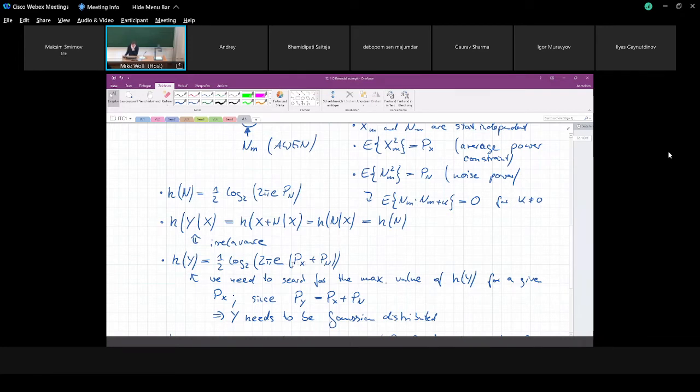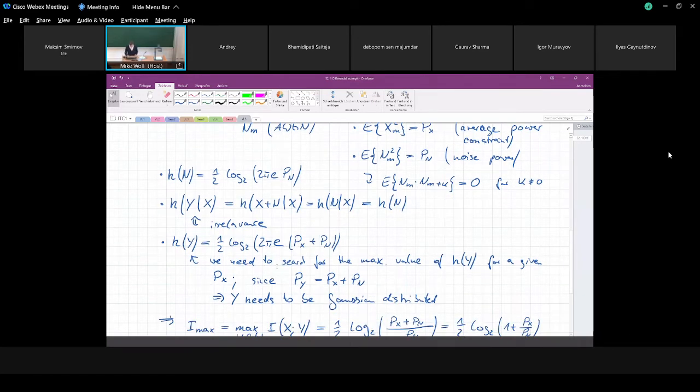Only in this case do we get, of course, zero mean, because we know that if we add a DC, there's no contribution to the differential entropy. And then, as we said, y needs to be zero mean and Gaussian distributed. And the noise is zero mean and Gaussian distributed.